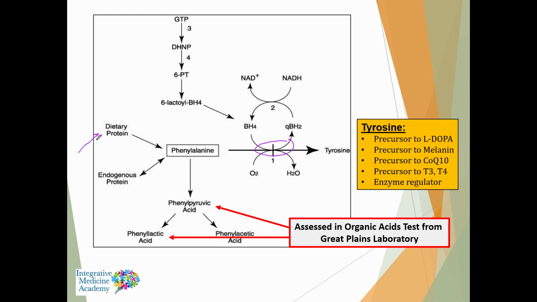At the same time, through dietary protein or endogenous protein feeding into that phenylalanine system, that too could cause increases of these acids. It turns out that ochratoxin from Aspergillus is a phenylalanine hydroxylase inhibitor. And it's likely other fungal compounds will do it too.